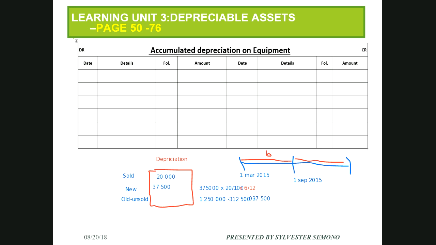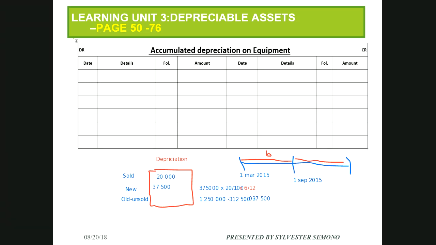Do you agree with me if I say this 450 is the accumulated for 1,250? Yes, you're correct. So what we must do, because we said 1,250 minus 312,500, we must also take the accumulated at the beginning minus the accumulated for the one that we sold, but only the one at the beginning.